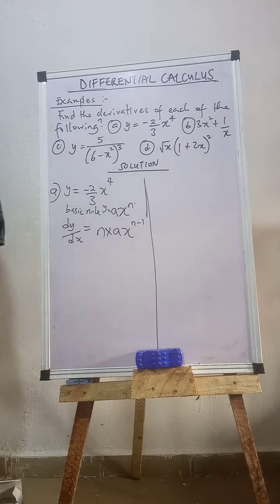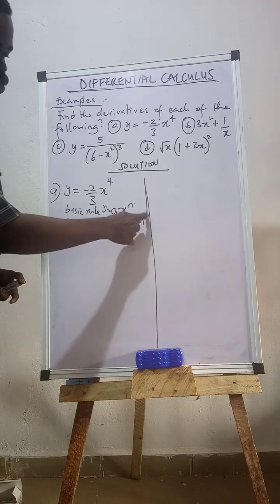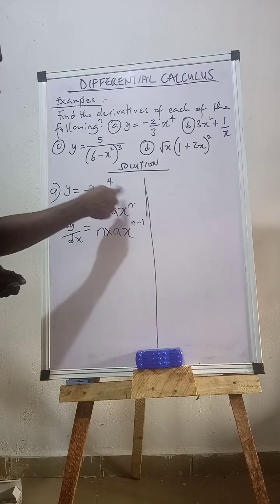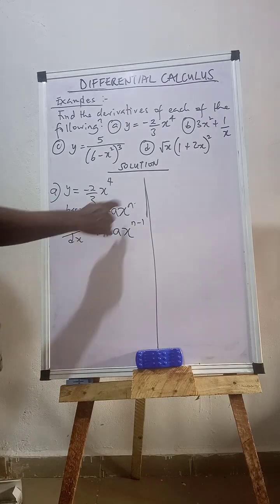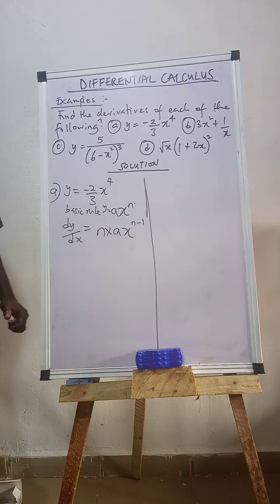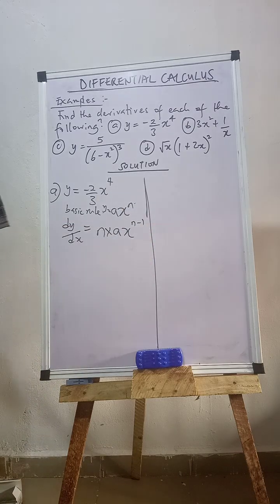For every x that we are looking for, you subtract 1 from the power, and the value that was on top used to multiply the value at the front, and then you remove 1 from that value, whatever the value is.